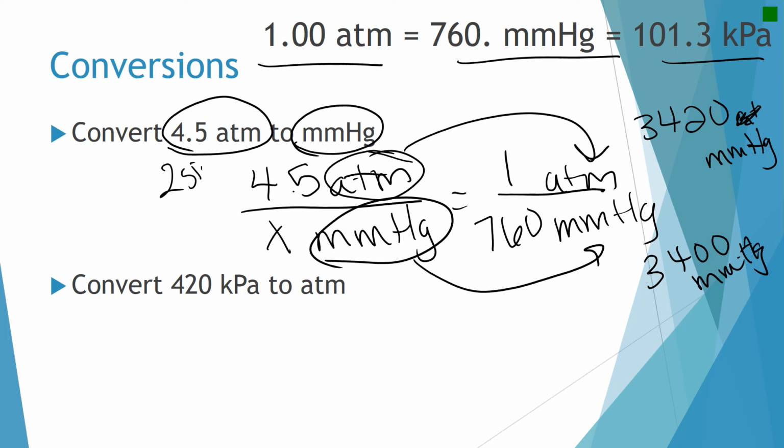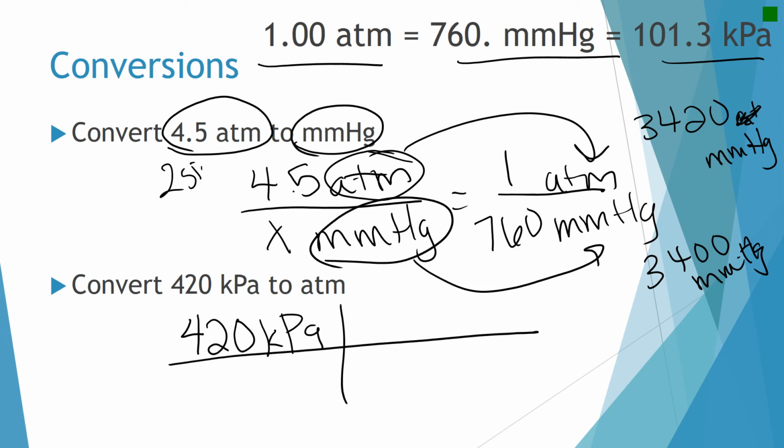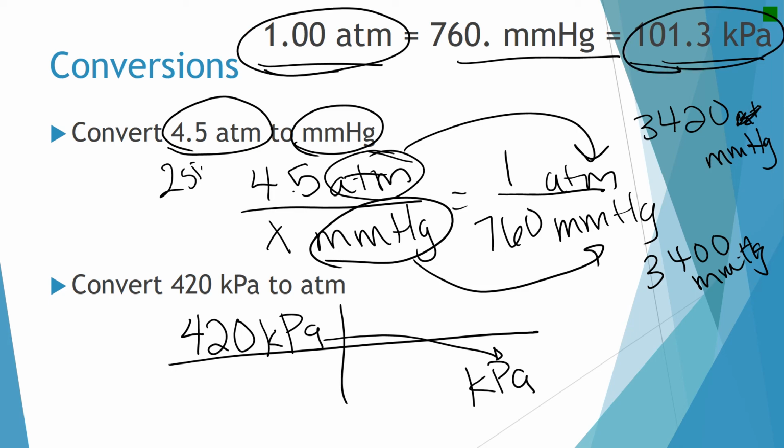If you'd like the conversions method, or the dimensional analysis method, then we'll try this one now. So we've got 420 kPa. Okay, so I'm going to set up my field goal post, my T's, whatever. kPa is up here, so it has to go on the bottom on the next one. And I do know a conversion between kPa's directly and atmospheres, so I'm going to go straight to it.